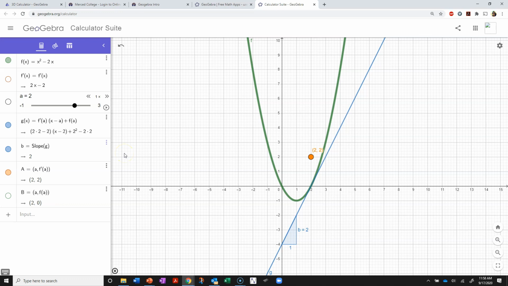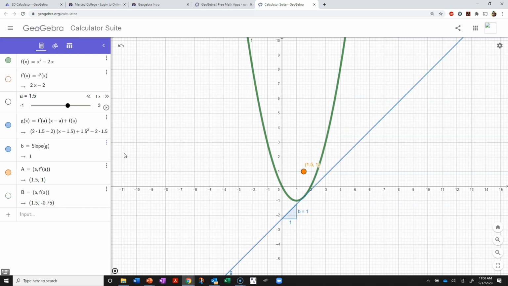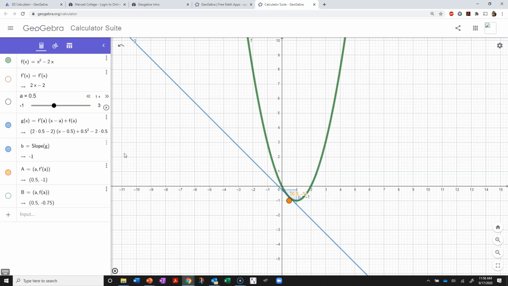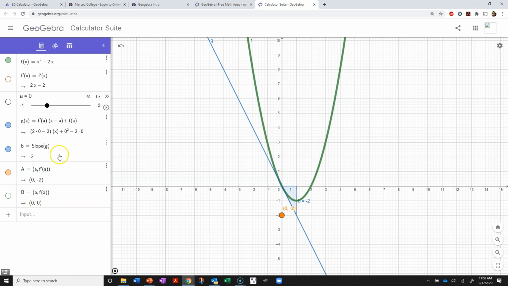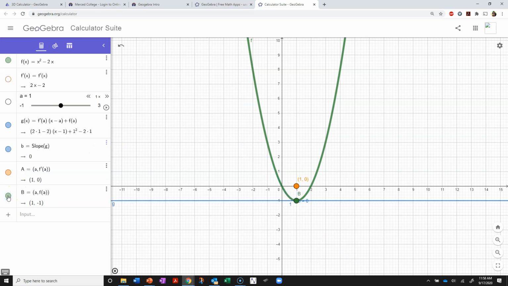With the slider continuing, I've turned on the point A, which is mapping out just a few of the points that would live along our derivative function. Remember that the point A is using the x value that corresponds to the point on our function f that we're calculating the tangent line at.